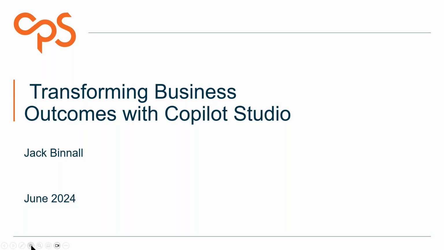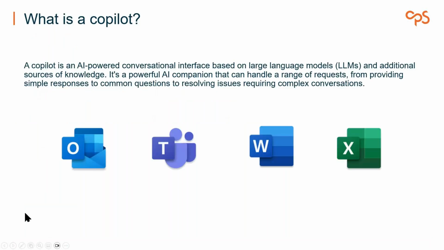So first things first, let's recap on what is Copilot. A Copilot is an AI-powered conversational interface based on large language models that has been embedded into Microsoft technology. This exists in a lot of your first-party Microsoft applications that you will use on a day-to-day basis, and there are approximately 150 different Copilots that exist.